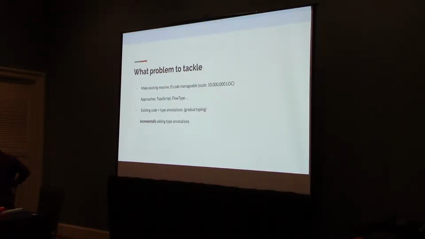Both Flow and TypeScript try to solve the problem in an incremental way, which means the user can still reuse the existing code base. This is very important, because when you adopt a new technology, you cannot simply discard your existing code base.